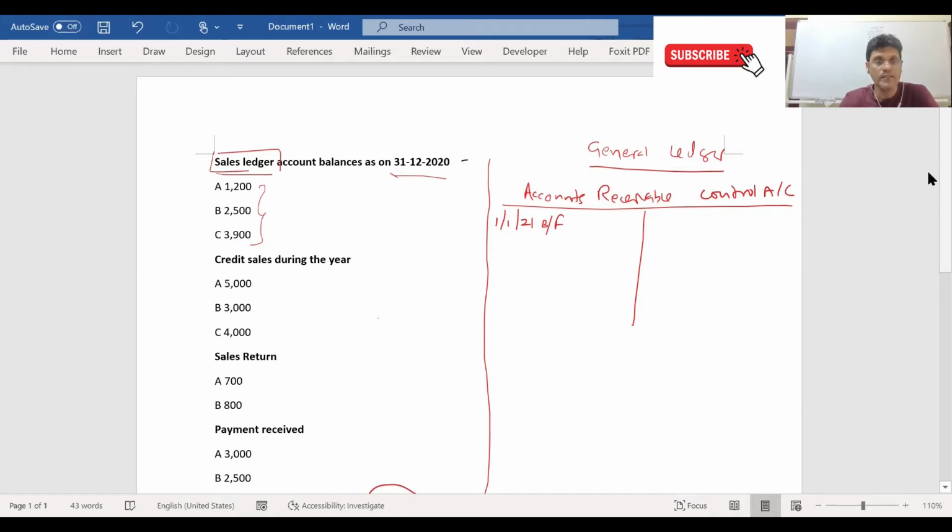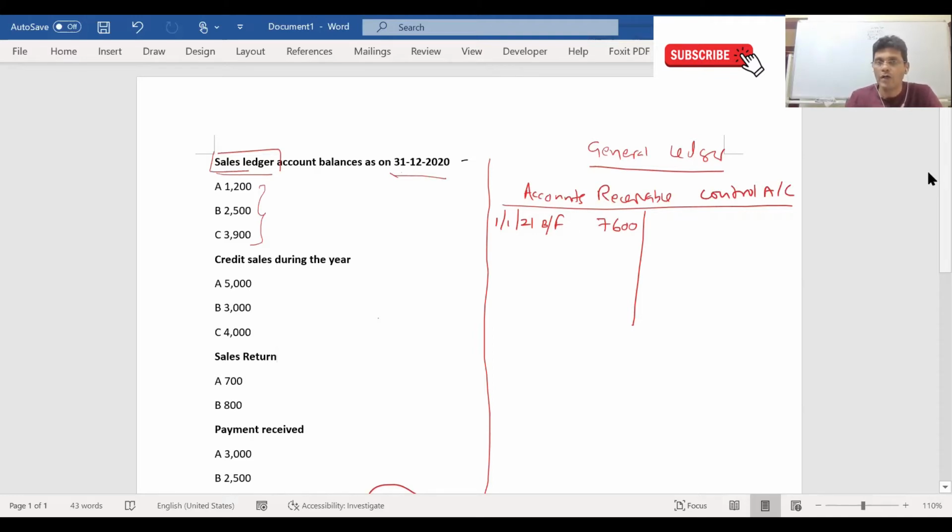Exactly. Why 7,600? Shenara told me the opening balance is 7,600. Is that correct? Yes. Why?